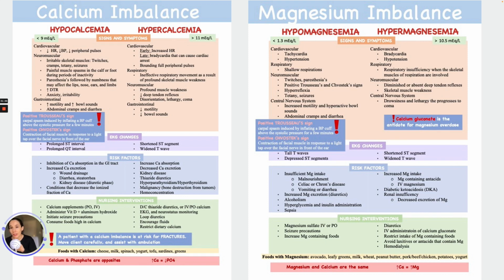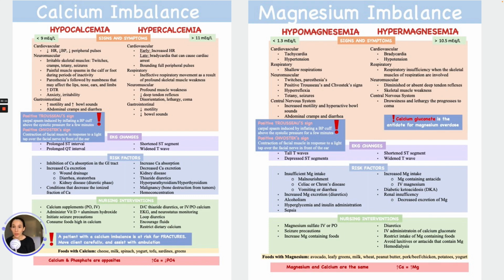We will see the positive Trousseau's and Chvostek's sign, hyperreflexes, tetany, seizures, increased motility and hyperactive bowel sounds, and abdominal cramps and diarrhea. We will also see EKG changes such as tall T waves and depressed ST segments.